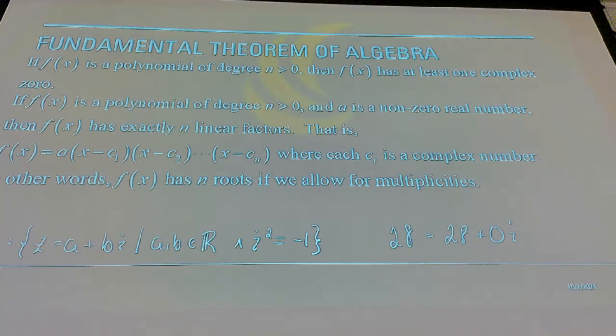It doesn't tell you how many are going to be real numbers and how many are going to be complex with the imaginary component. So when I say complex, I mean with a non-zero imaginary part.